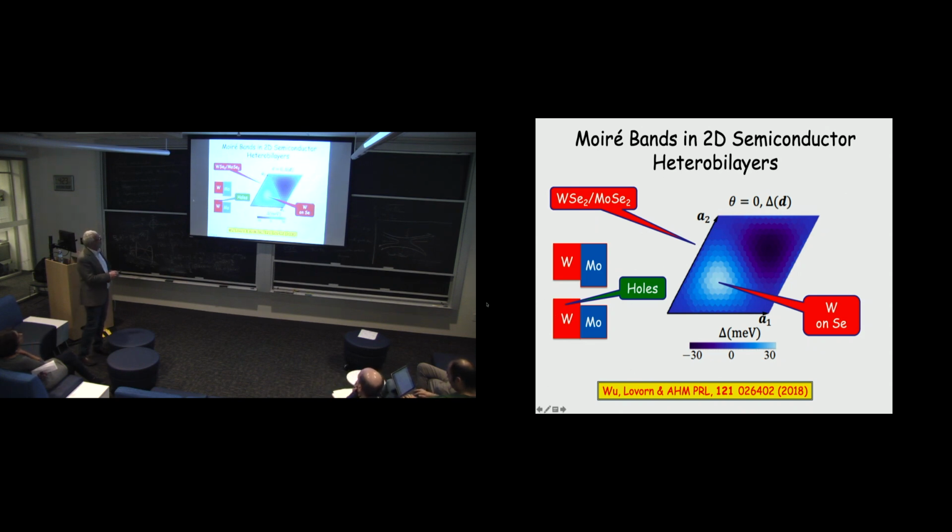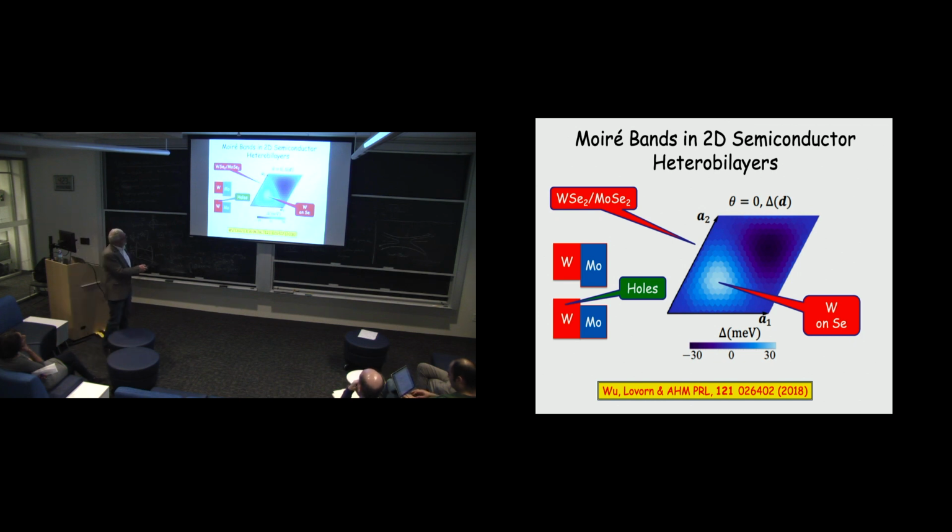If I actually look at how the energy at the top of the valence band varies as I translate a tungsten diselenide layer relative to a molybdenum diselenide layer underneath, you'll find that the bands go up and down in energy.